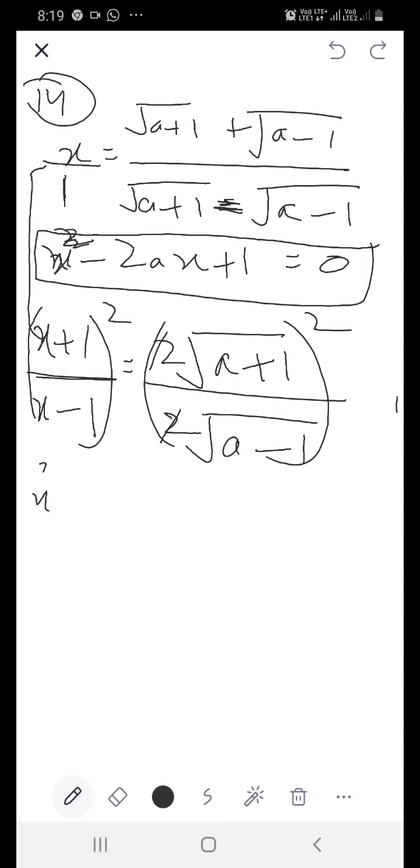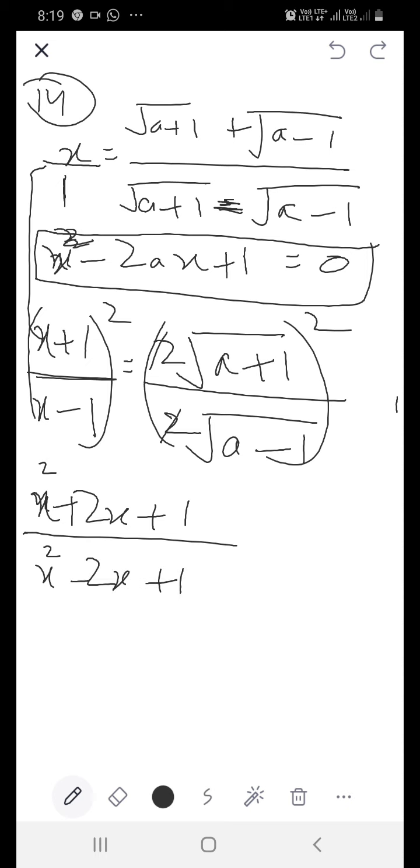A square, that is x square, plus twice ab will be 2x plus 1. In the denominator, you will get x square minus 2x plus 1, because you have to do the squaring of the whole in the numerator as well as denominator. And on the right hand side, square root and square will cancel out and you will be left with a plus 1 upon a minus 1.